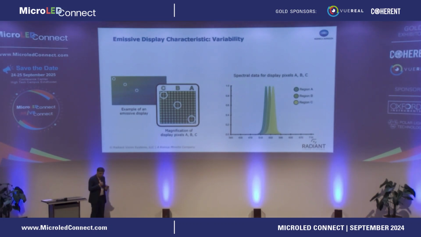For the emissive display characteristics, one of the things we have also seen is spectral variation on the emitter level, that means on the display level. On a single display, you can have 3 different wavelengths, though it is a monochromatic display. It is slightly exaggerated in this one, from 510 to 580.